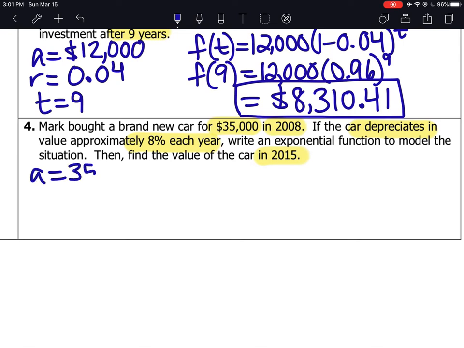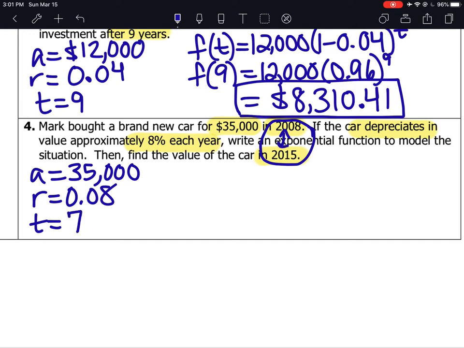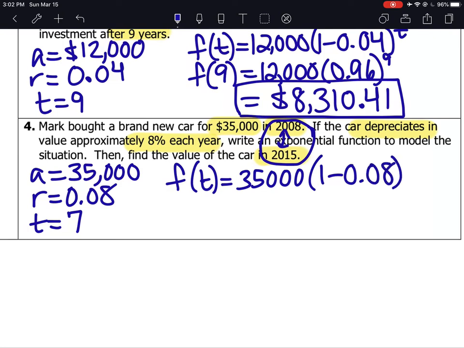First, what is your A? 35,000. What's your rate in decimal? 0.08. And then your time. Your time has to be the difference between 2008 and 2015. And you find the difference, it is the number 7. So first, let's show them the formula. The formula would be f of t equals 35,000 times 1 minus your rate, which is 0.08 to the t power.